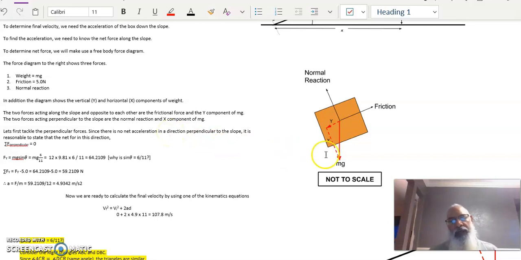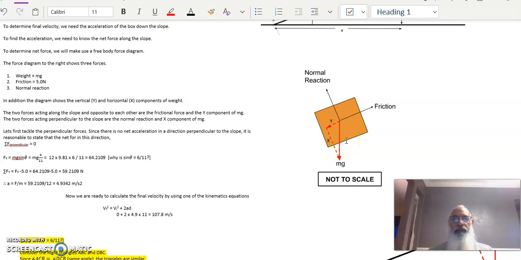Okay, so going back to here, first of all, we want to establish the force perpendicular to the slope. It's not really vertical, it's just perpendicular to the slope, which is the normal reaction and the x component of the weight.